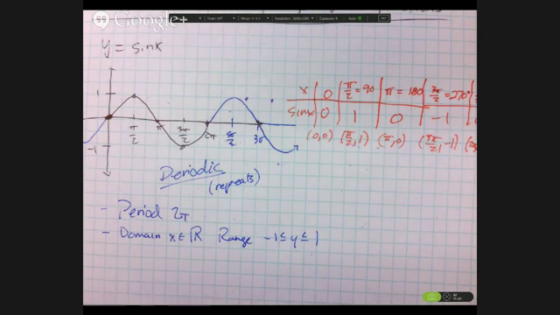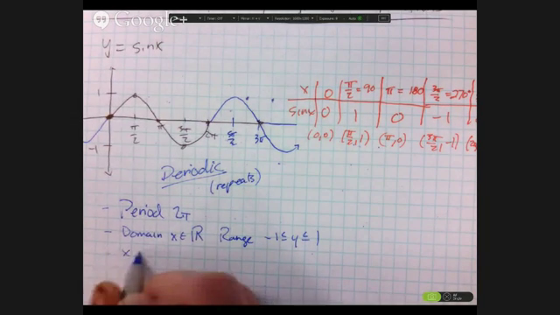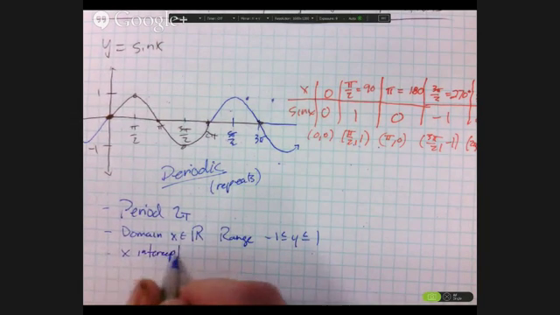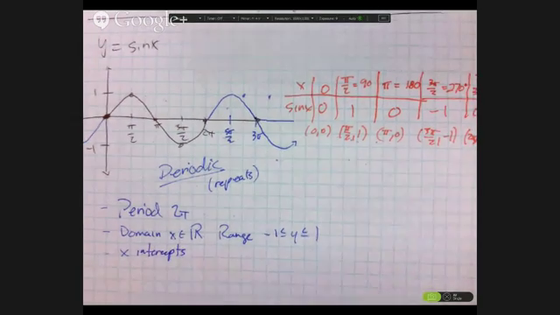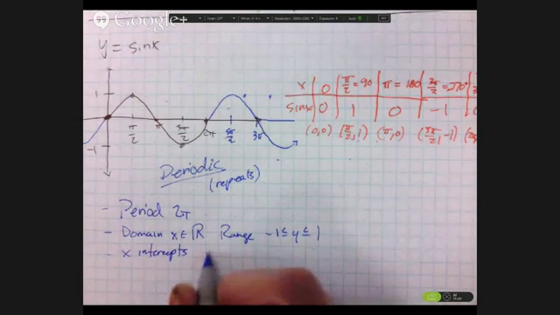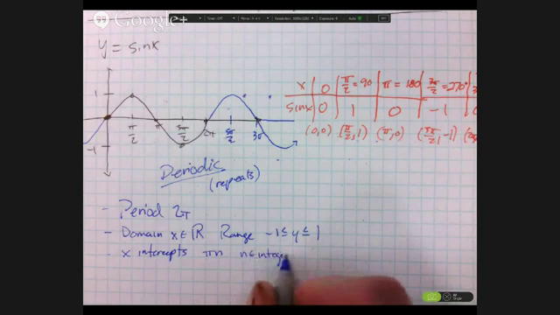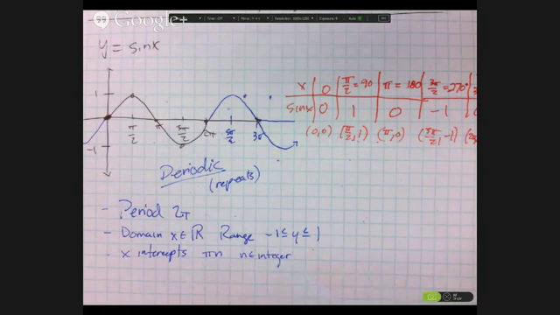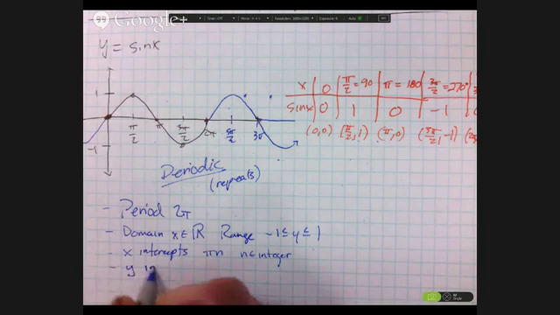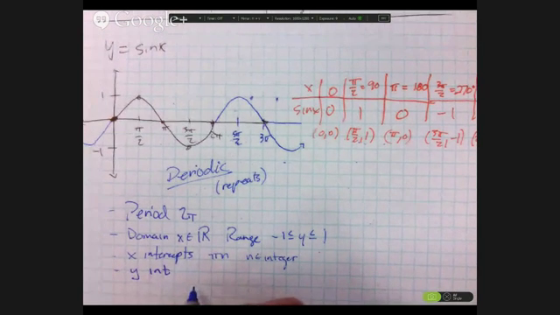What are the x-intercepts? We just talked about it. Pi, 3 pi, 2 pi and 0. Yeah, pi times any n, where n is an integer. Okay, it's the repetition of pi. What's the y-intercept? 0, right there.